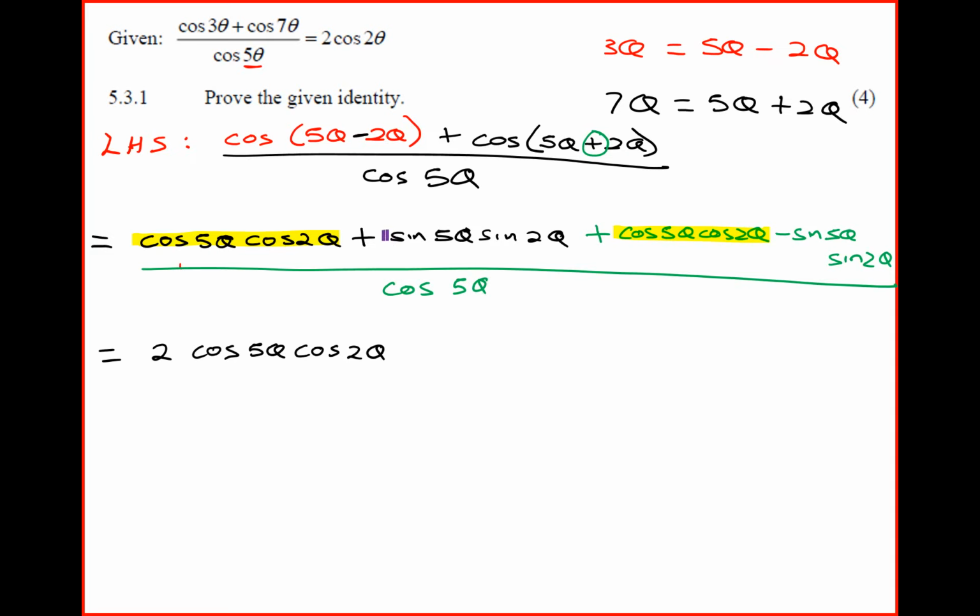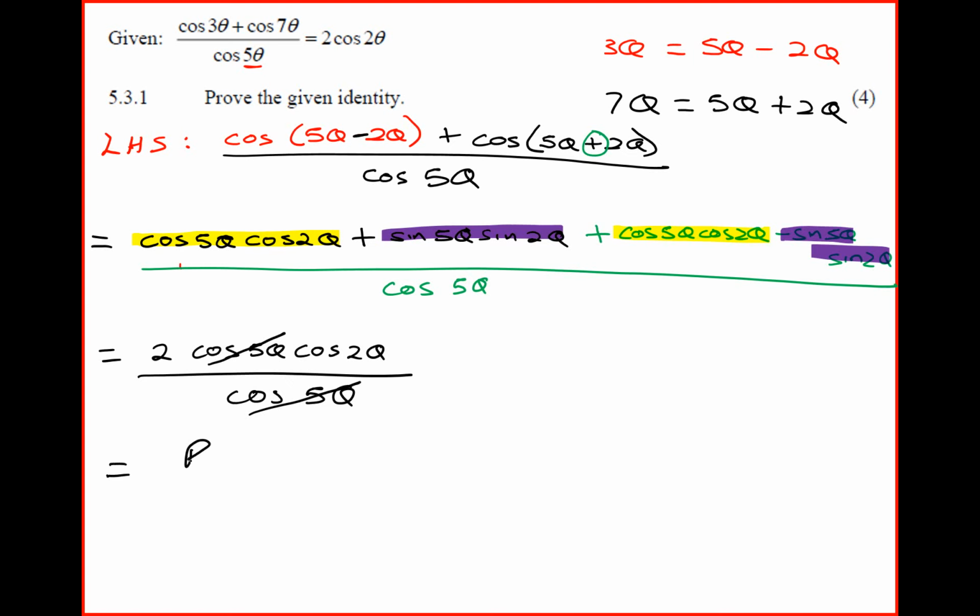And you will notice that sine 5 theta sine 2 theta, that's a positive, with the negative will cancel off. So we're left with what you see on the numerator, and that's all over cos 5 theta. And then you'll notice that the cos 5 thetas will cancel off, and we're left with 2 cos 2 theta, which is actually equal to your right hand side, because that is what they actually want us to prove, 2 cos 2 theta.